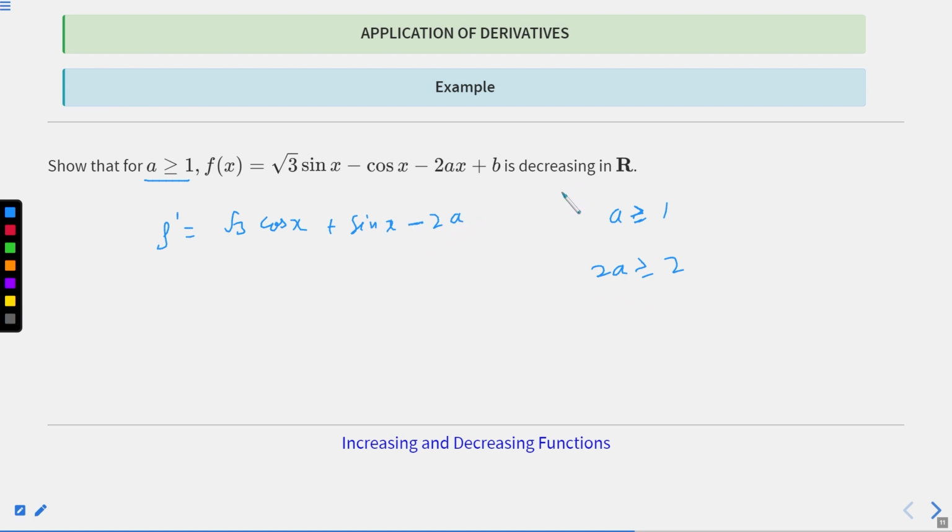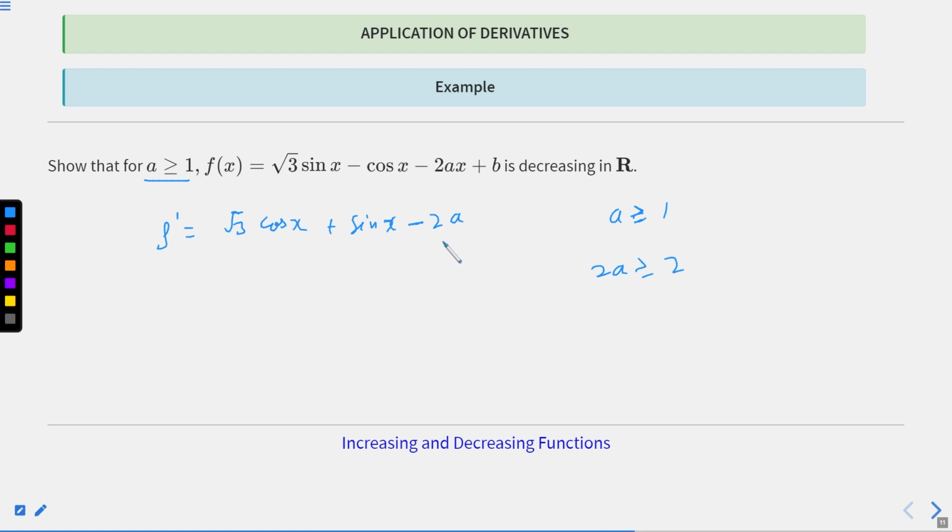Now you have to show that it is decreasing in R. This means that you have to show that the whole thing will be negative. So how are you going to show that? Quite a simple, easy way.